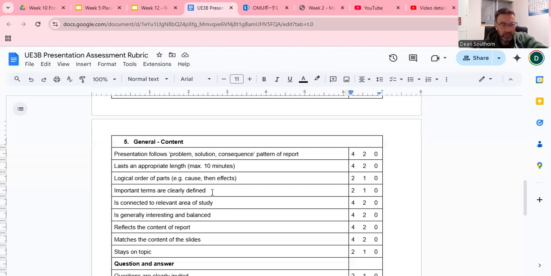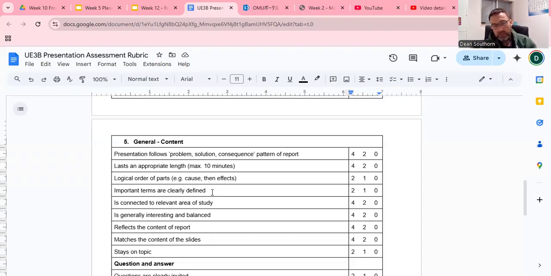Important terms are clearly defined, so not everybody will understand the technicalities of what you're saying. So make sure that anything that might be difficult to understand is explained clearly. Also, my background is not from a technical engineering or chemical or environmental background.